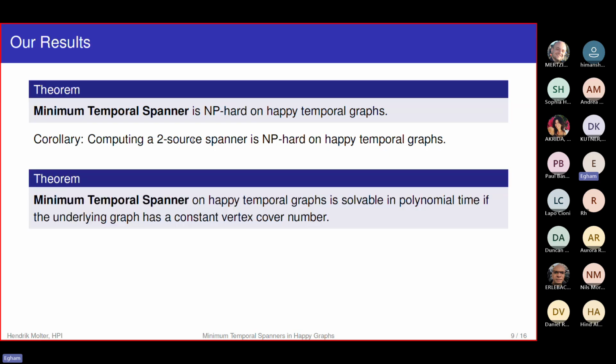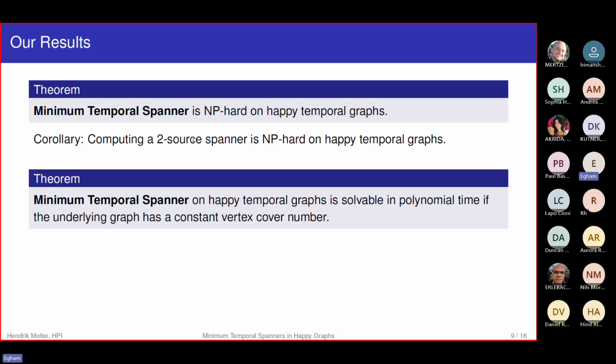On the positive side, we could show that computing a minimum temporal spanner on happy graphs is polynomial-time solvable if the underlying graph has a constant vertex cover number. Or in the language of parameterized algorithms, we give an XP algorithm for the vertex cover number of the underlying graph as a parameter.